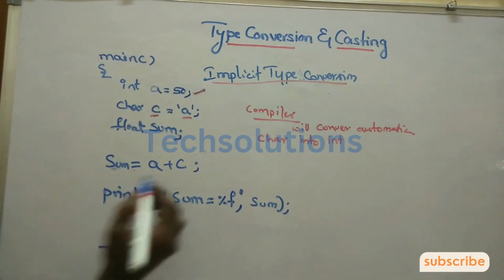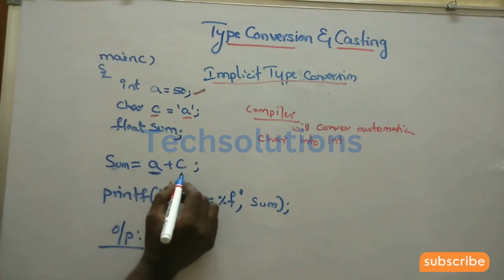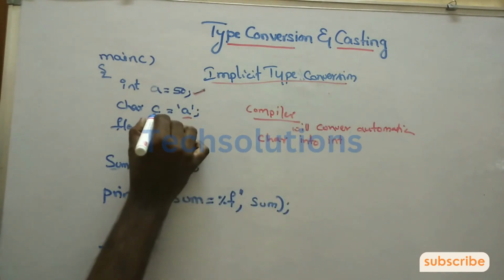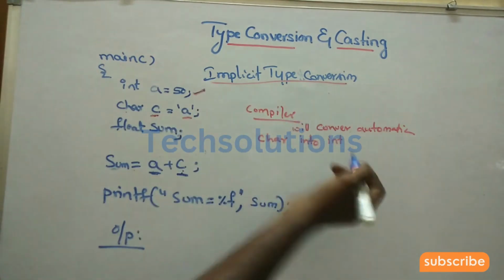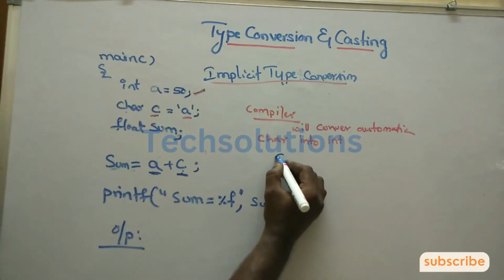Because if I want to perform the addition of two values, a is an integer and c is a character, this character has to be converted into an integer. That means the c value will be converted into an integer. What is the value of c? That is the character a.